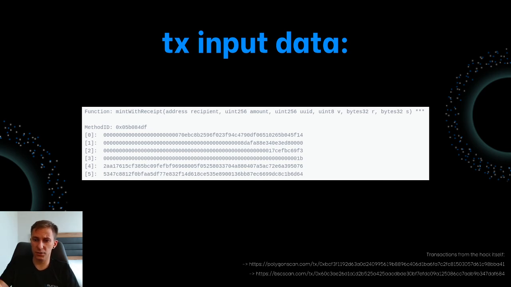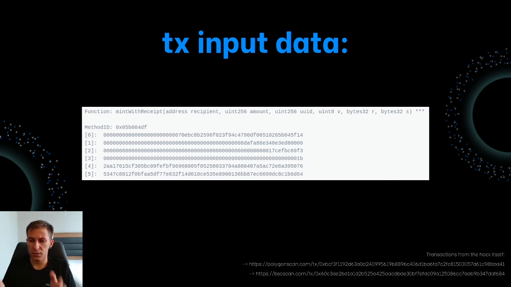A short explanation of what's going on. In the function, you send a recipient, the amount, you specify the UID and also VRS for the ECDSA signed data. So this VRS is actually coming from the bridge, and the bridge is giving you the receipt there.